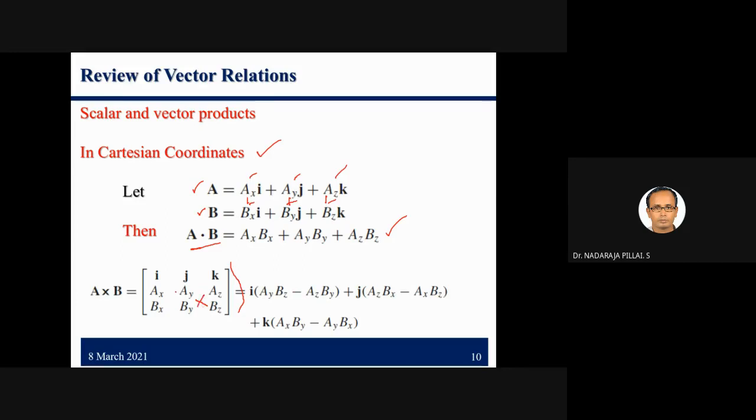Similarly, j can be represented by (AzBx minus AxBz). Similarly, k we can consider. So we can write in this form for the Cartesian coordinate system.